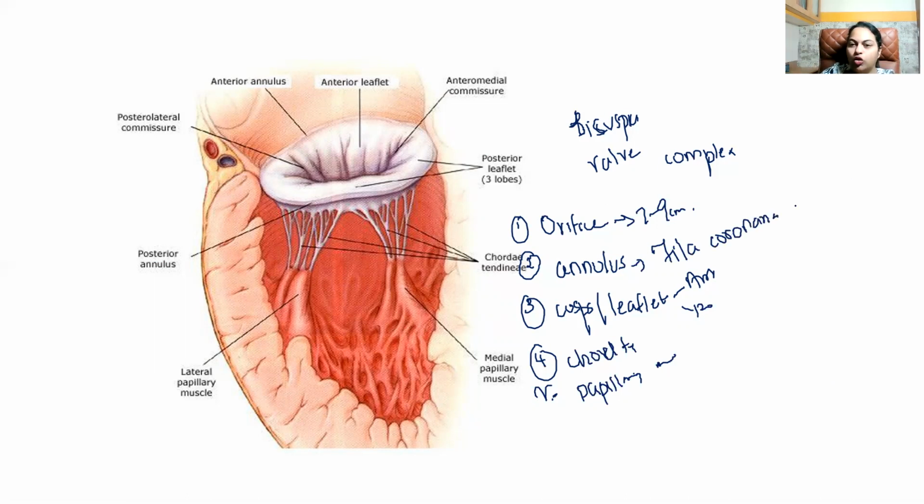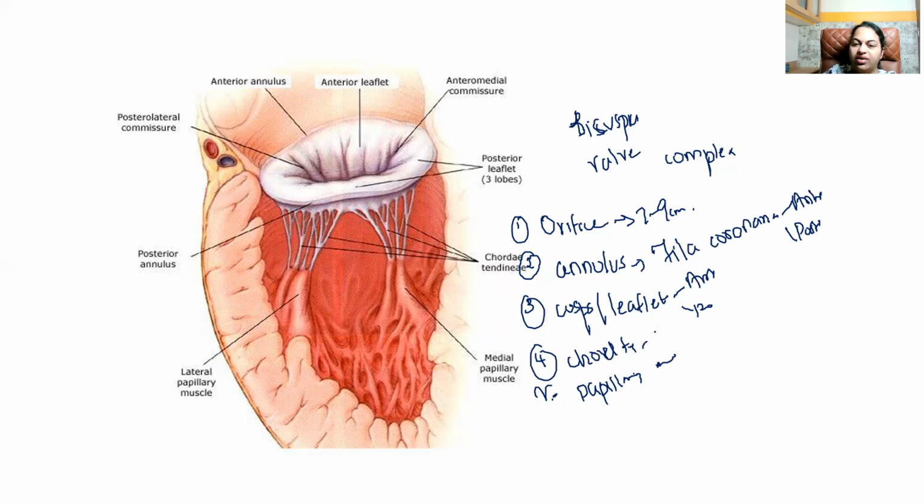There are two, anterior and posterior. So the cusps are also two in number, anterior cusp and posterior cusp. These mitral cusps are smaller in size than the cusps of the tricuspid valve, but they are much stronger.